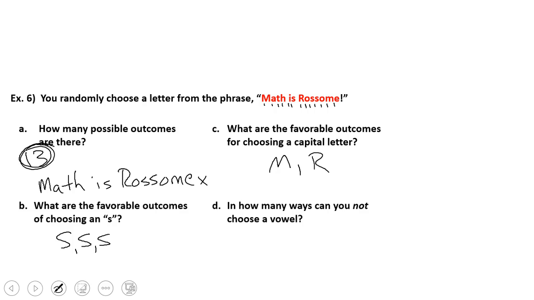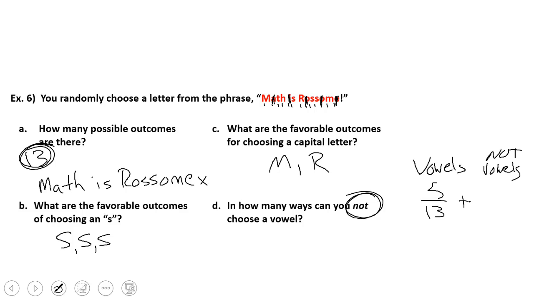All right. In D, in how many ways can you not, there's that complementary event again, choose a vowel? Well, if I find the vowels A, I, A, E, and E, so those are the vowels, and how many are there? 1, 2, 3, 4, 5. So there's 5 out of 13 that are vowels. Not vowels, well, we have M. Oh, it wants to know how many ways.